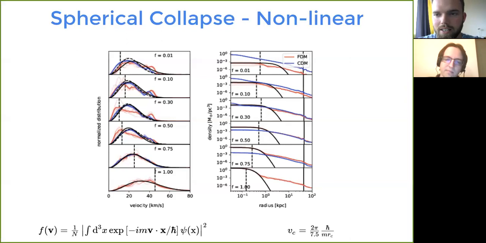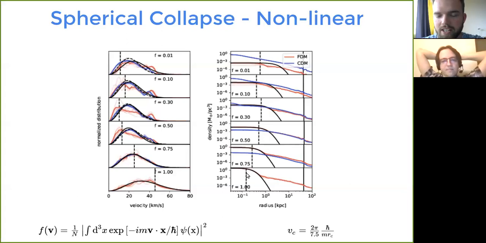And you can see here that it fluctuates a lot. So there's really no stable ground state forming for too few fuzzy dark matter. Finally, the solid vertical lines here, that's the virial radius just for reference.